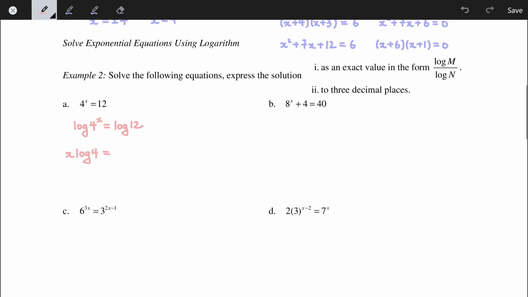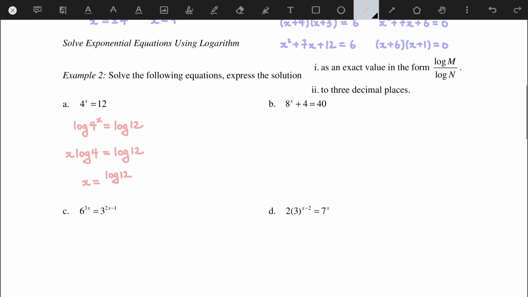So we have x log 4 is equal to log 12. From there, we can simply divide both sides by log 4, since it is just a number. And we have log 12 divided by log 4 is equal to x. Like so.